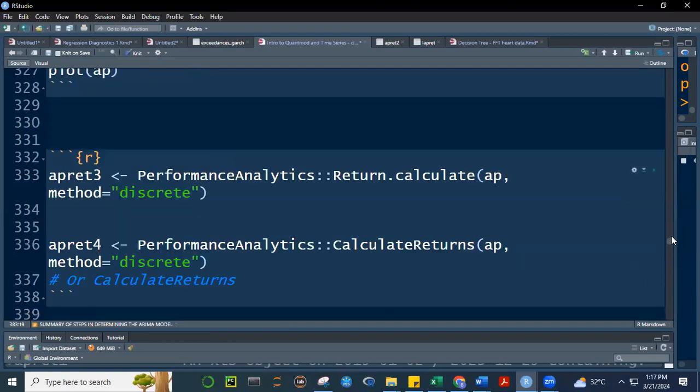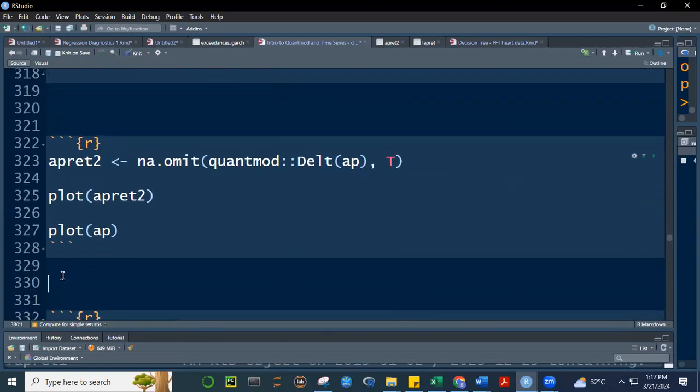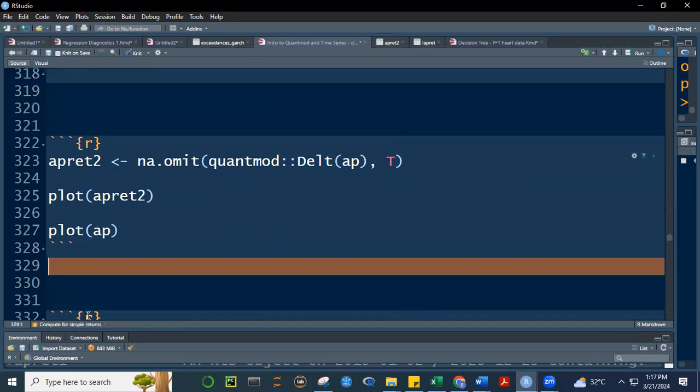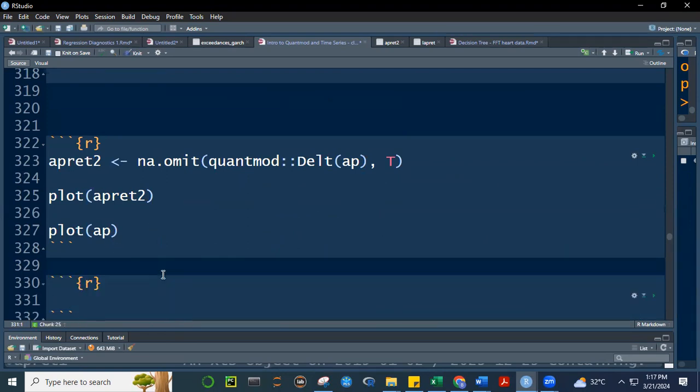Okay, let me go back here to the example a while ago. Okay, so remember that AP is not stationary, right? Okay, how do I now address the non-stationarity of AP? I can create this object DAP, control N, and then NA.omit, and then diff AP.